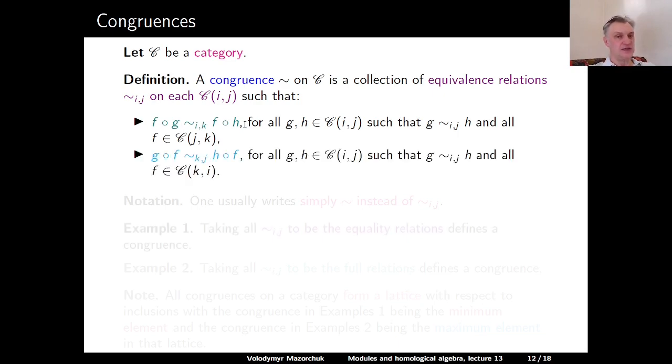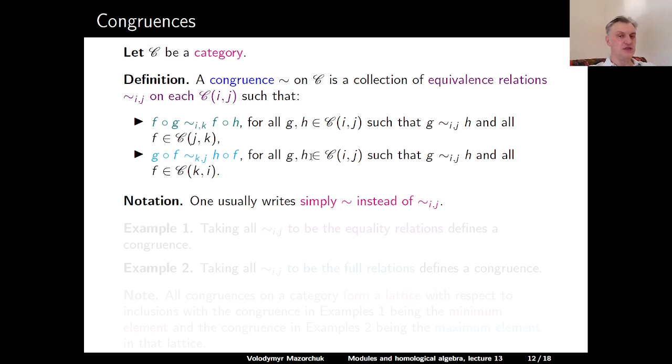And similarly on the other side, for all morphisms g and h from i to j, and for any morphism f from k to i, the fact that g is ~ equivalent to h implies that g after f should be ~ equivalent to h after f.